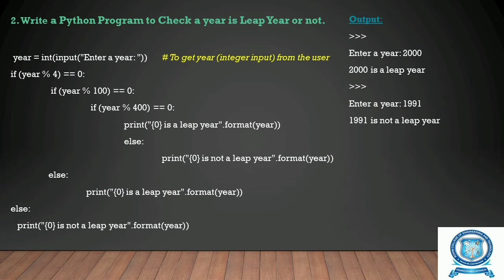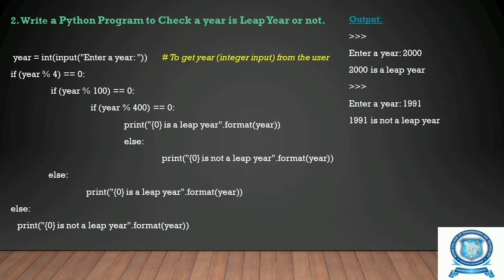Then we are comparing, that is we are going to modulo divide that year with 4. We all know that modulo division will retrieve the remainder value. If the year modulo 4 is equal to 0, then we are checking another condition, that is if that year modulo 100 retrieves 0.